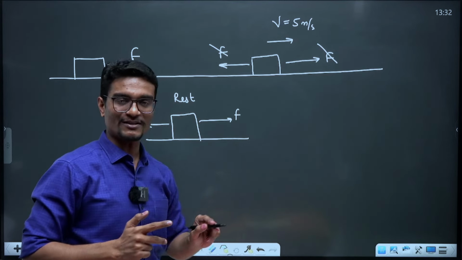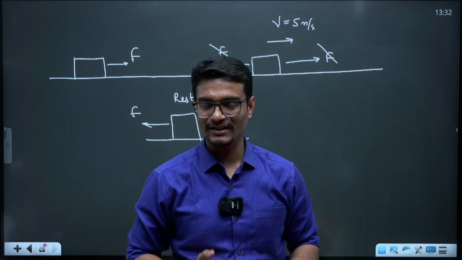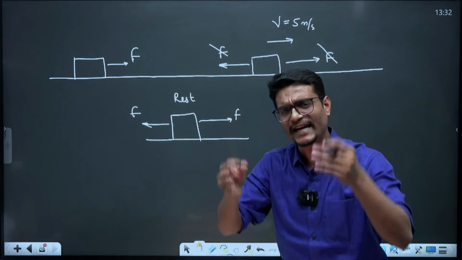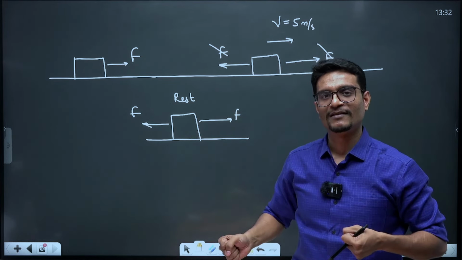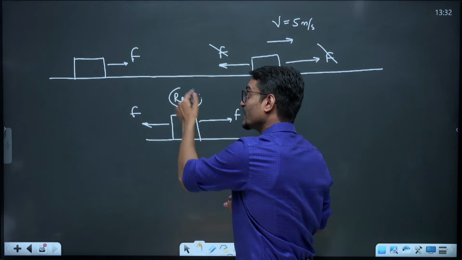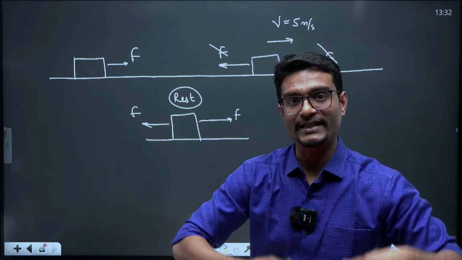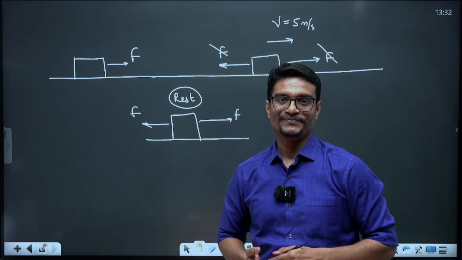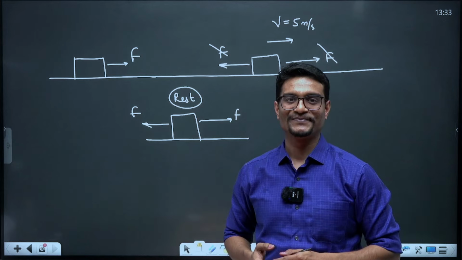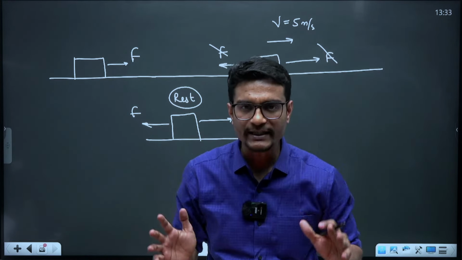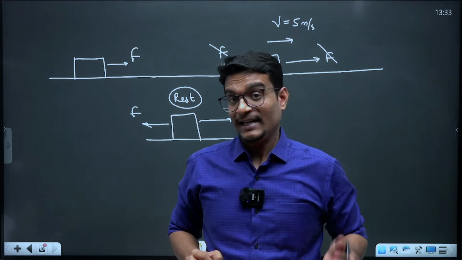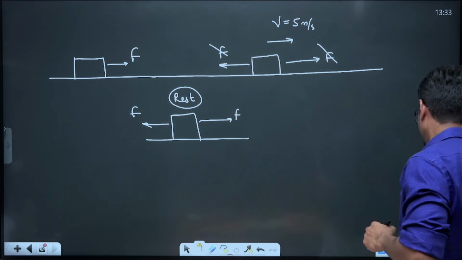You and your brother, if you don't have a brother, then your friend, at the same time you apply the force, what will happen? If it is at rest, it will remain in the state of rest. That's it. And this is the linear equilibrium. Got it completely?